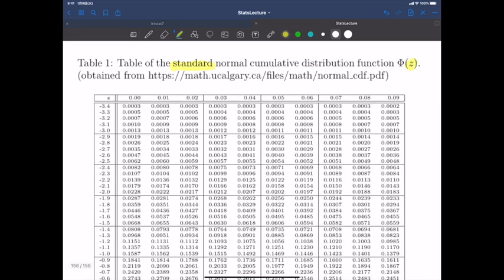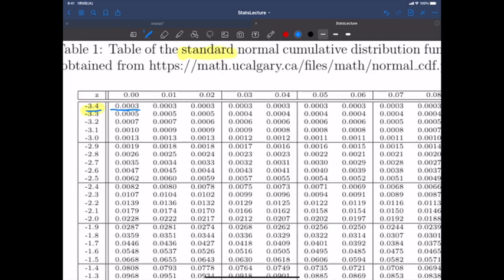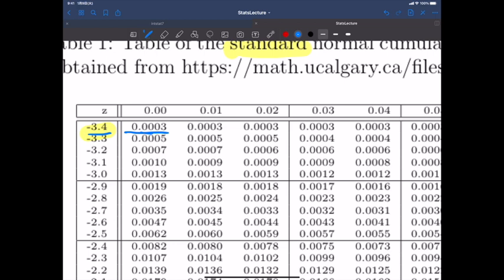For example, when z is negative 3.40, then the cumulative distribution function gives the probability of 0.0003. When the value of z is negative 3.41, then 3.4 and 0.01, so that is this. Not much difference.